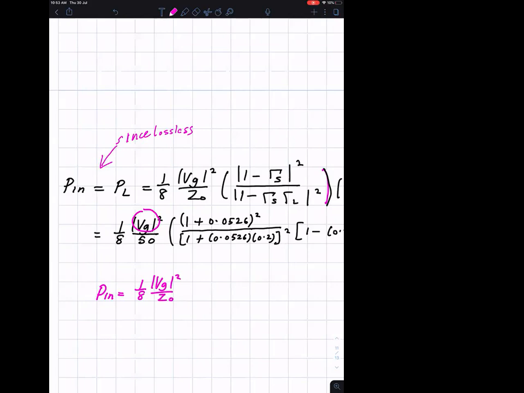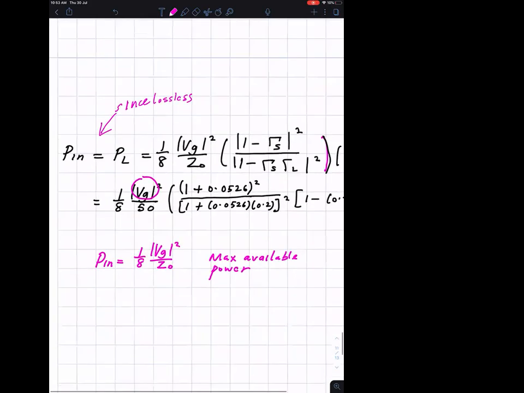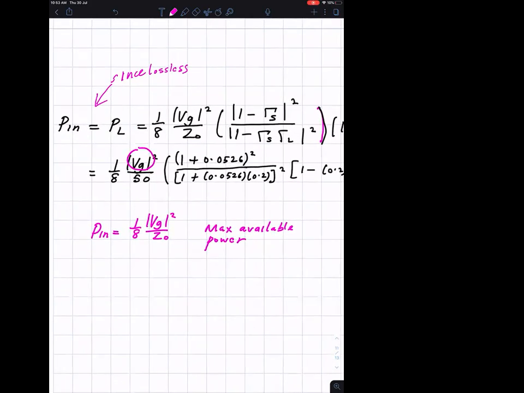Okay, we already know it's a maximum available power. So using this formula, we know it's 3 watts maximum available power. That's VG squared over Z naught. Maximum available power, do you remember?